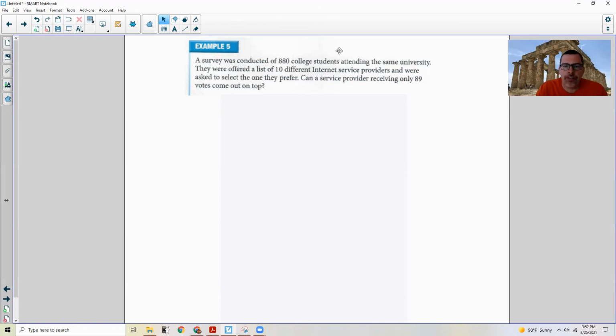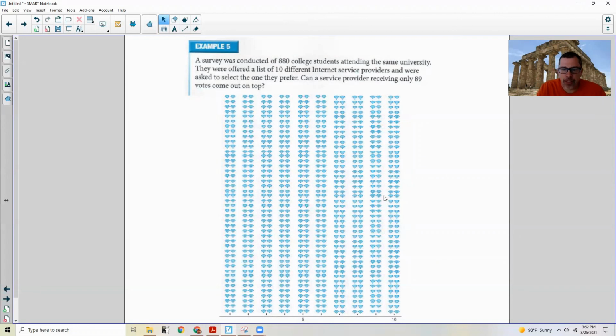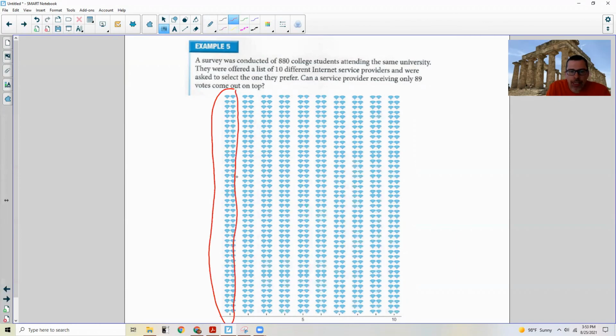Okay, so I have created this scenario with a graph. Here is a chart I made, and all these little Wi-Fi logos represent one internet service provider. If you want to take the time and check, each of these have 44 in them. So 44 times 2 is 88. So this is one internet provider with 88 votes.